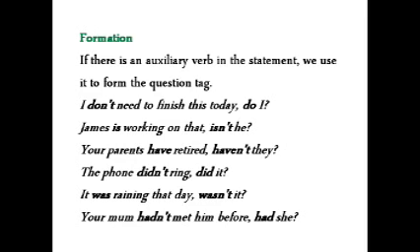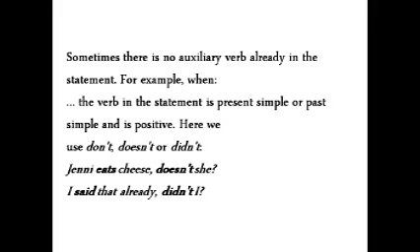If the statement is in the simple present or the simple past and is in the positive, we use don't, doesn't or didn't, because the sentence is in the positive, and therefore the question tag should be in the negative. Jenny eats cheese, doesn't she?